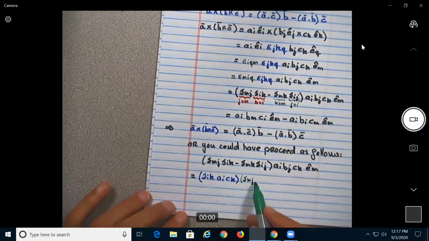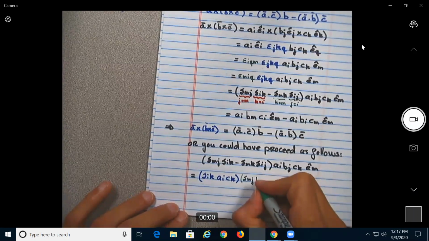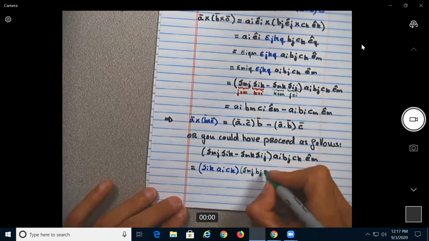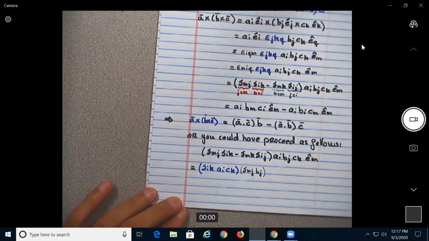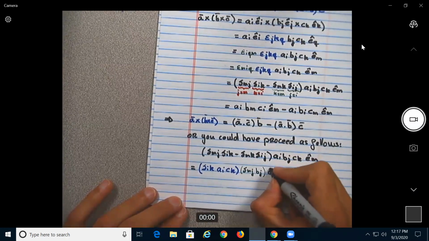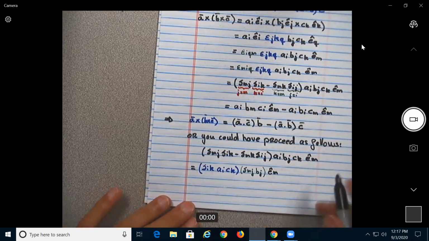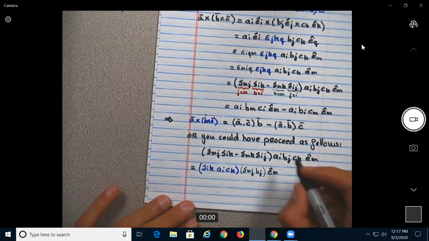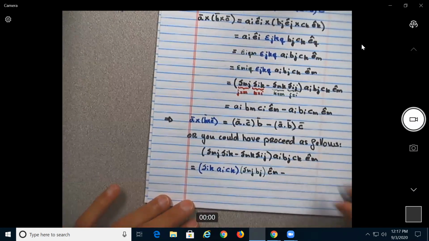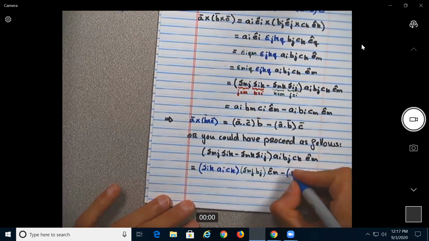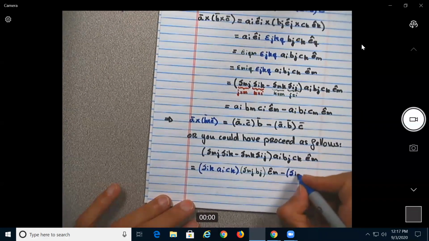This term should go with the b sub j, and this should be e sub m. And now for the second term, you can do minus. Let's say the delta ij, because you have two repeated, delta ij.